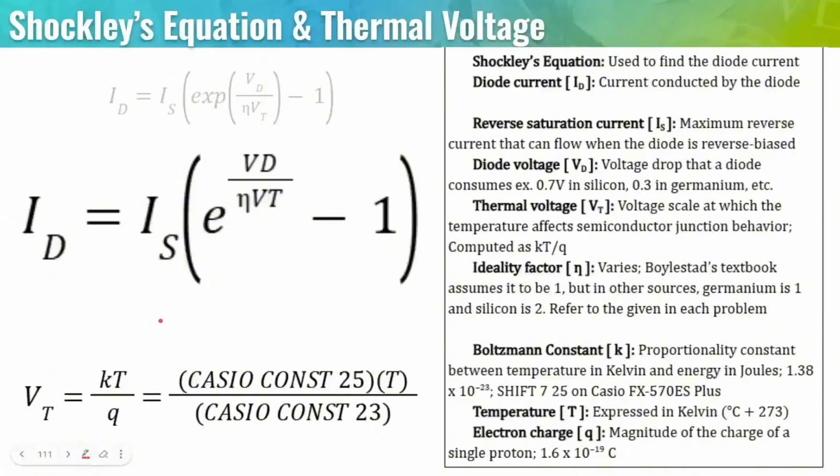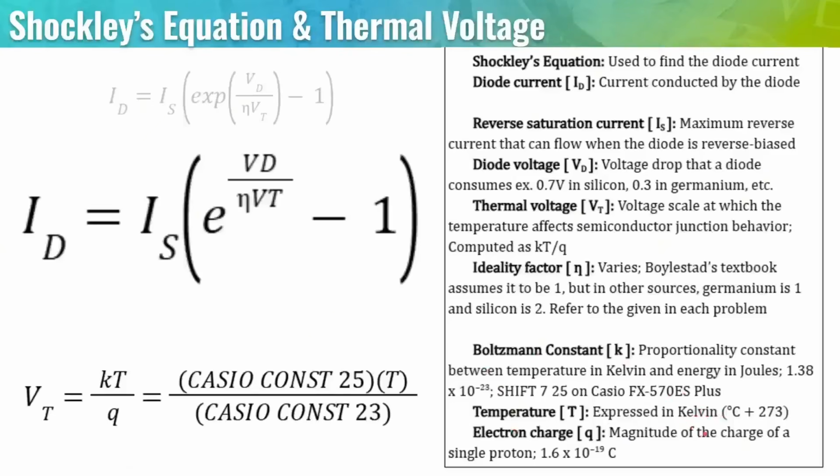Absolute zero is the coldest temperature that a material can theoretically have, and that is the basis of our thermal voltage. We are not basing it on 0 degrees Celsius because there can be things colder than 0 degrees Celsius. For example, it's possible to have negative 10 degrees Celsius. That's why we must use only Kelvin.